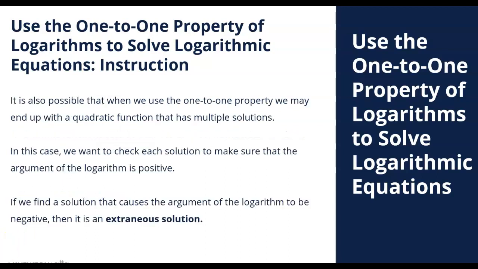It is also possible that when we use the one-to-one property, we may end up with a quadratic function that has multiple solutions. In this case, we want to check each solution to make sure that the argument of the logarithm is positive. If we find a solution that causes the argument of the logarithm to be negative, then that is an extraneous solution.